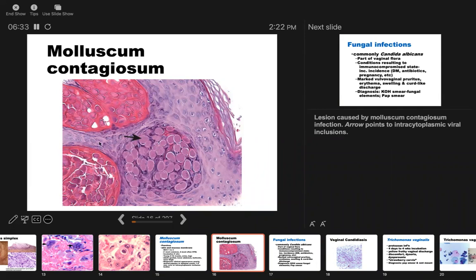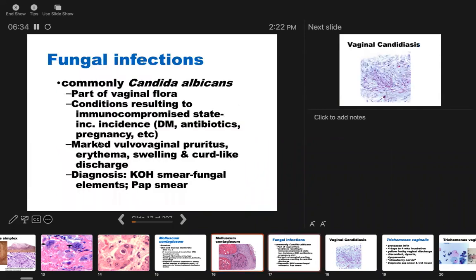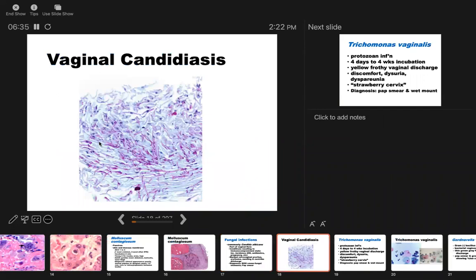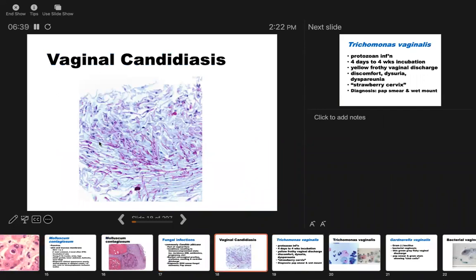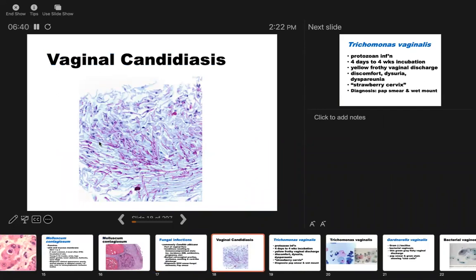Another infection that is quite common is fungal, particularly Candida albicans. The disturbance in the vaginal microbial system may lead to compromised neutrophil function, or particularly your T helper 17 T cell function.